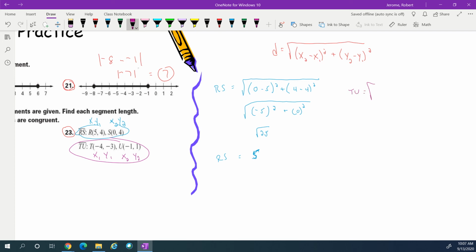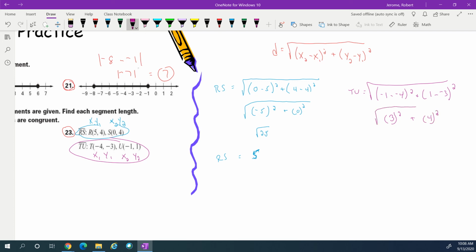TU equals big square root. We're going to subtract x2 minus x1, -1 minus -4 quantity squared. And for the y's, we have 1 minus -3 quantity squared. -1 minus -4 is a 3. 1 minus -3 is a 4.